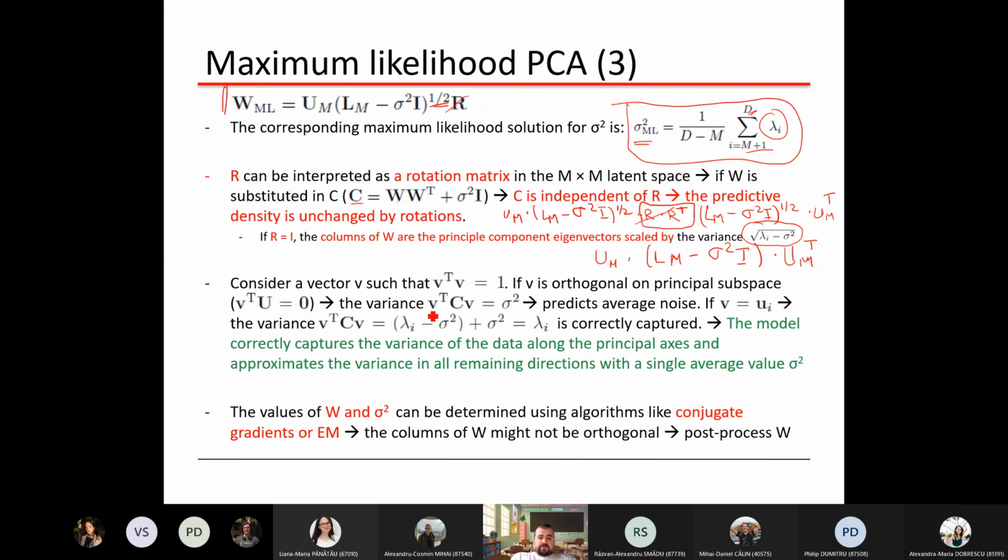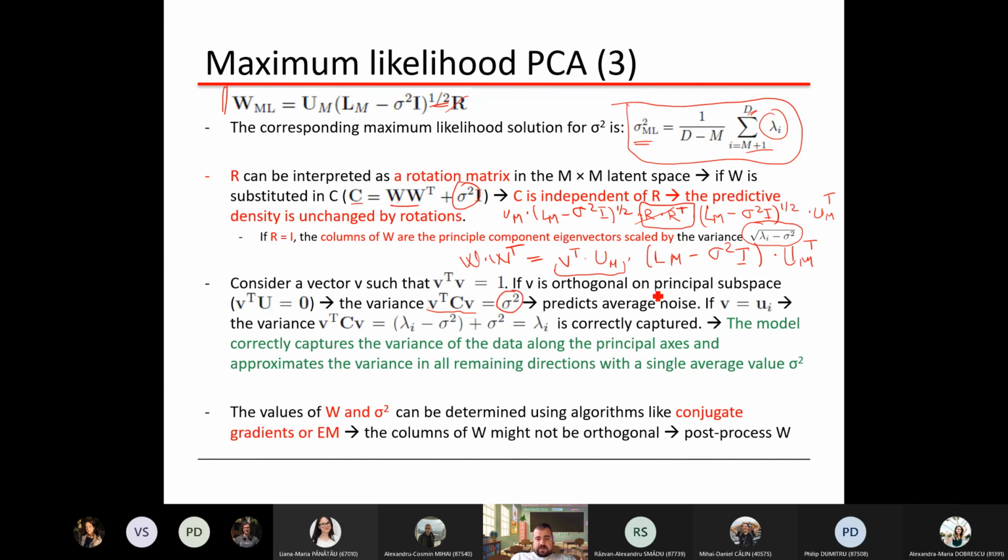It means that when we compute this value, which means that I'm adding a V transposed in here, since this initial product is equal to 0, this will disappear. Sorry, what I drew in here is W multiplied with W transposed. Okay, so if V transpose multiplied with U equals 0, it means that this term here disappears, and the variance that we get if V is orthogonal to the principal subspace is simply what we get in here.